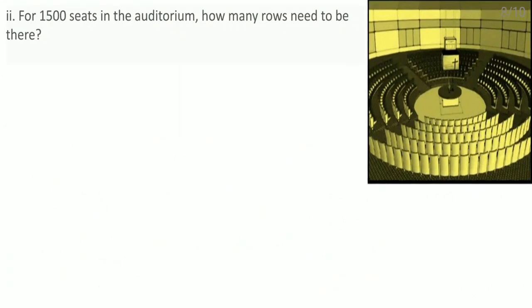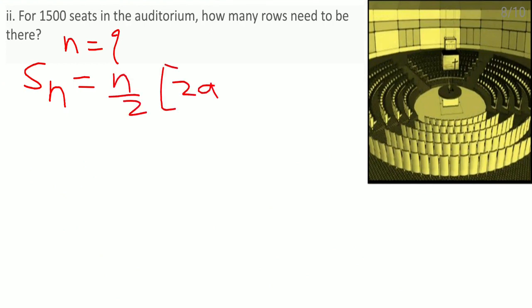Second question. For 1500 seats in the auditorium, how many rows need to be there? So they're asking n. Okay, so we need to find out n. So Sn, which is equal to n by 2 in the bracket 2a plus n minus 1 into d.